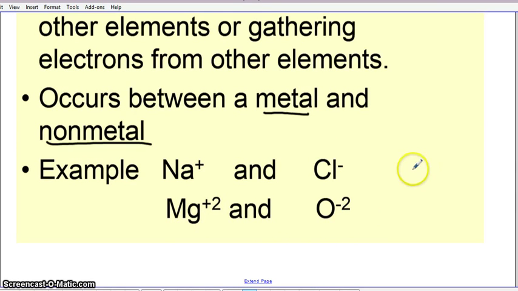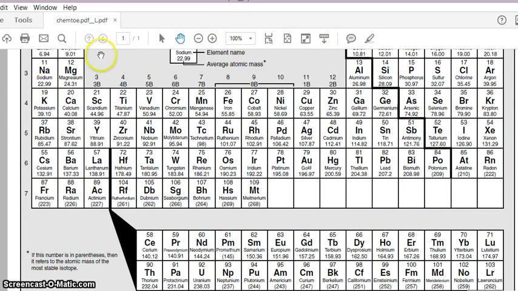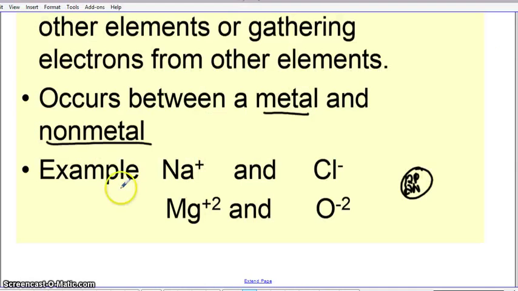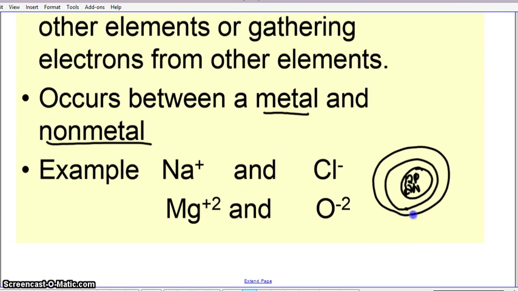Magnesium, we just said, is 12: 12 protons, 12 neutrons. Let's go back and look at the periodic table. The first thing we have to do is see that it has 3 shells, because that's what the period number is. So let's draw that: 1, 2, 3.